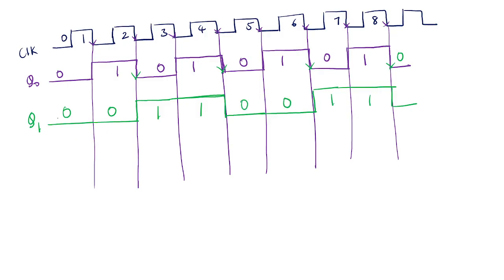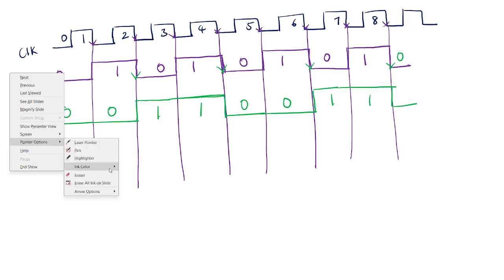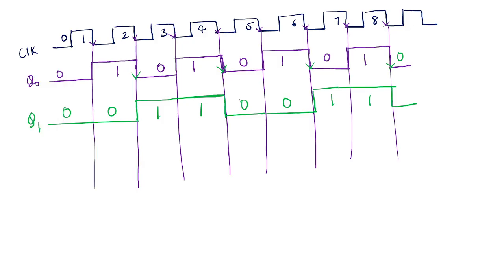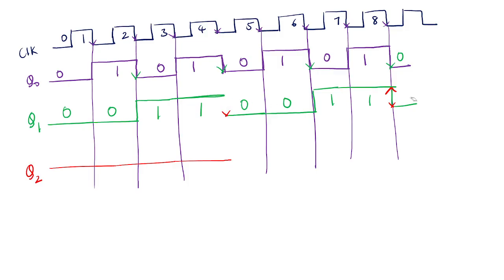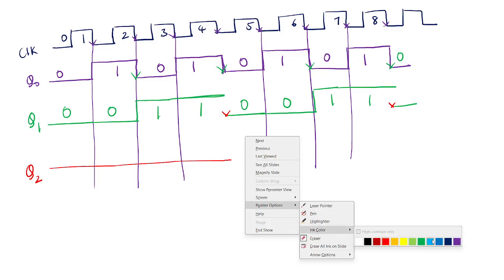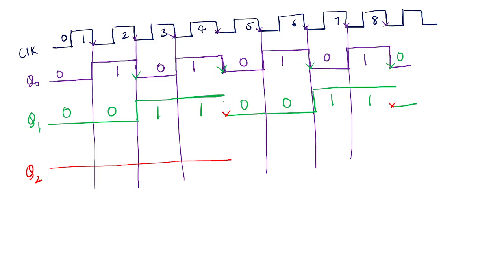Next, this one is acting as the clock for the next flip-flop, for Q2. Initially let us take this as 0. This is also negative edge.